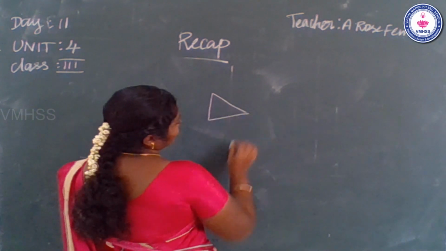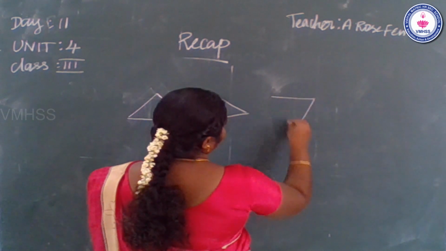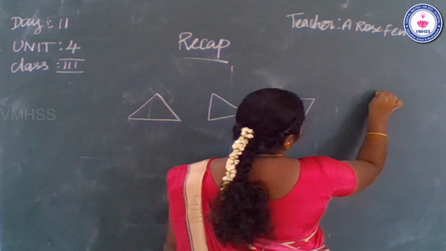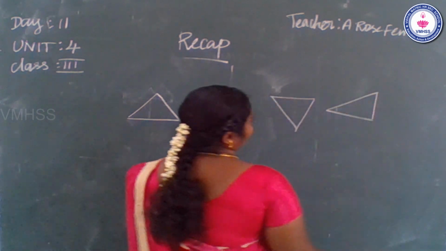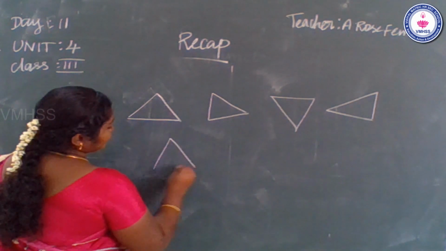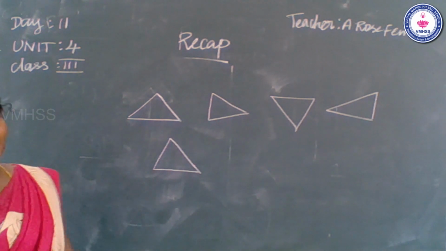This is one rotational symmetry, and this is also rotational symmetry, 270 degrees. The last one is 360 degrees, so it's the original shape.